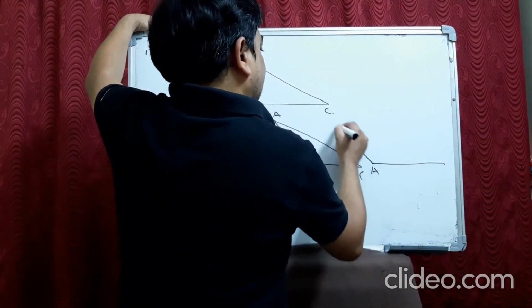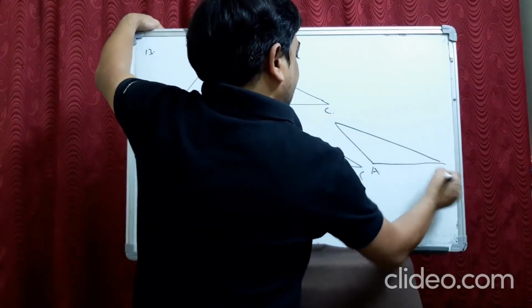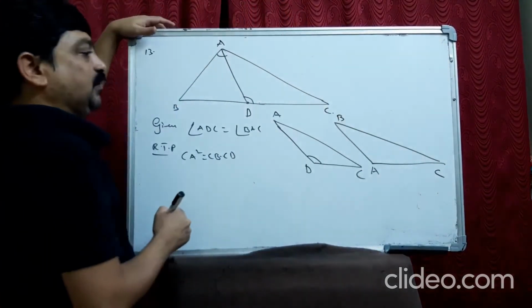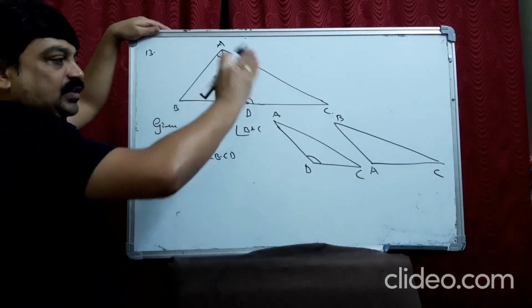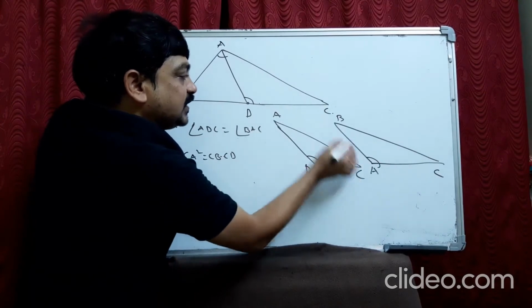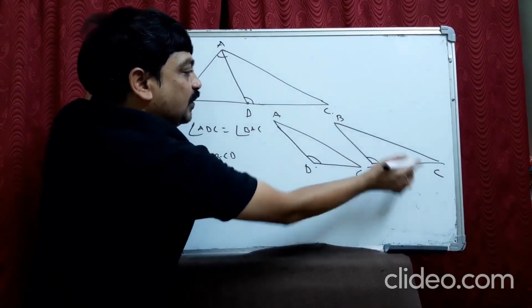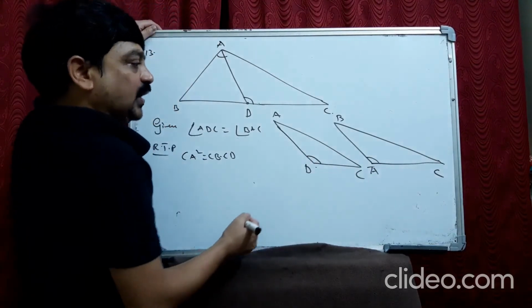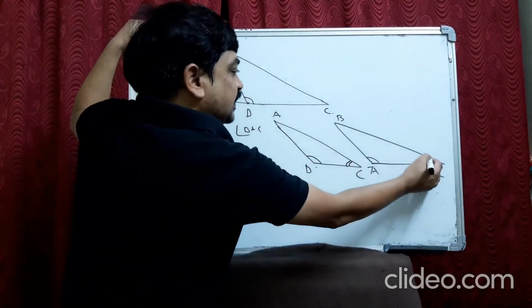I take A here and I draw like that. Because C is the common angle, I write C in the same place. BAC, I take BAC like that. Why did I take it like that? Because you are given that angle ADC is equal to angle BAC, and C is the common angle in both of them. This angle is the same in both.